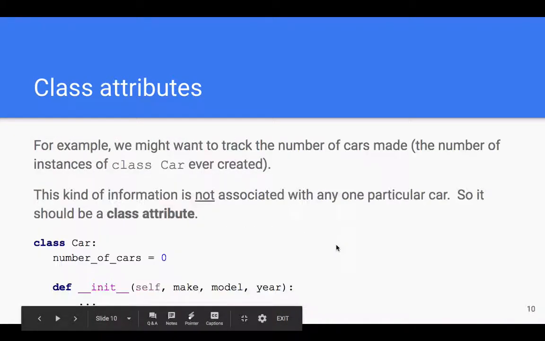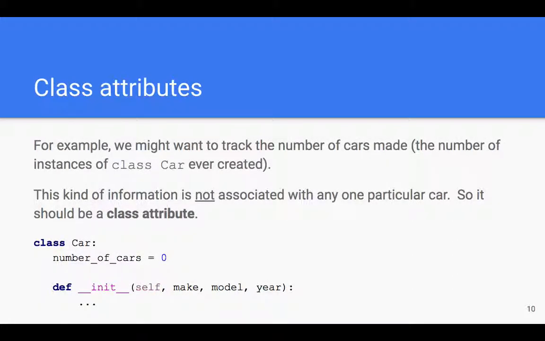Okay. Now, let's give an example of what kind of class-wide data we might want to represent with class attributes. Let's say we want to track the number of cars made. In other words, we want to track the number of instances of the car class that have ever been created.